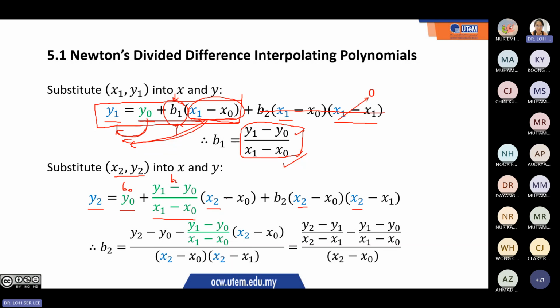We want to get B2, so you rearrange, moving everything to the left. We want only B2. Then you simplify. You have to do some simplification before you get this. So this is the formula for B2.